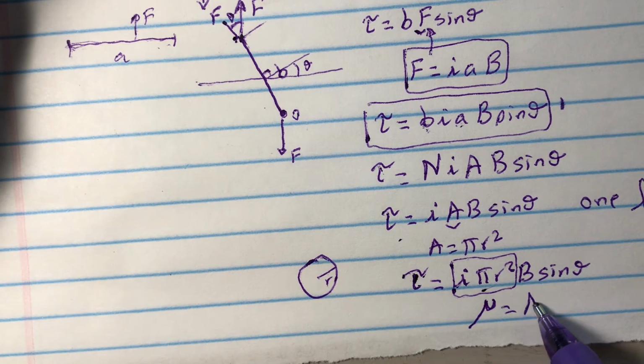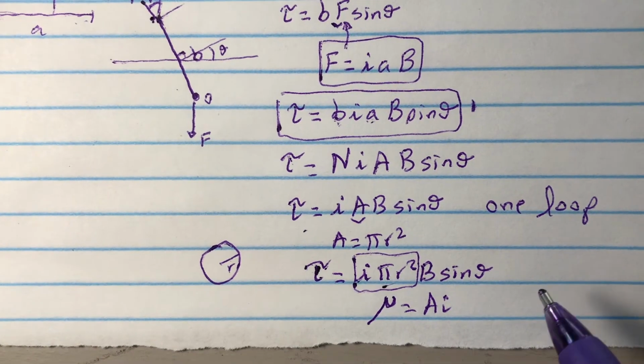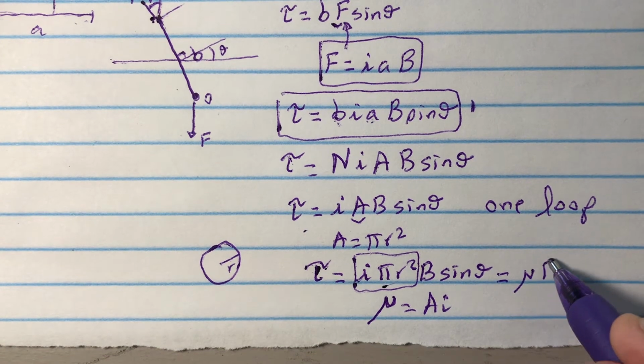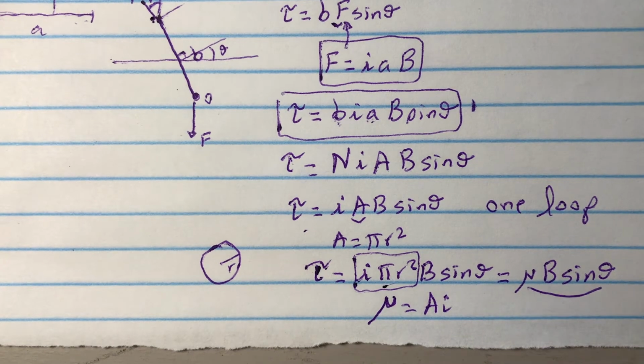This mu is equal to area times the current. Now, our equation will look like this. We have mu B sine theta. So this is the torque. Mu is A times I. A is the area of the loop, and I is the current on the loop.